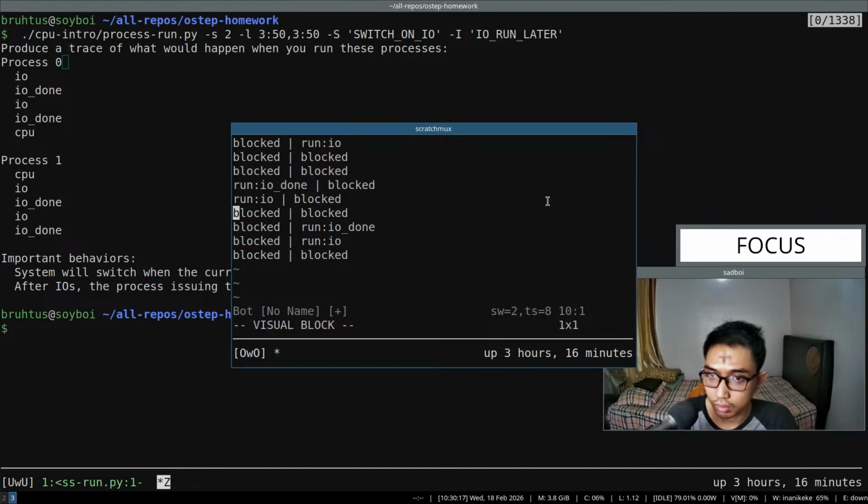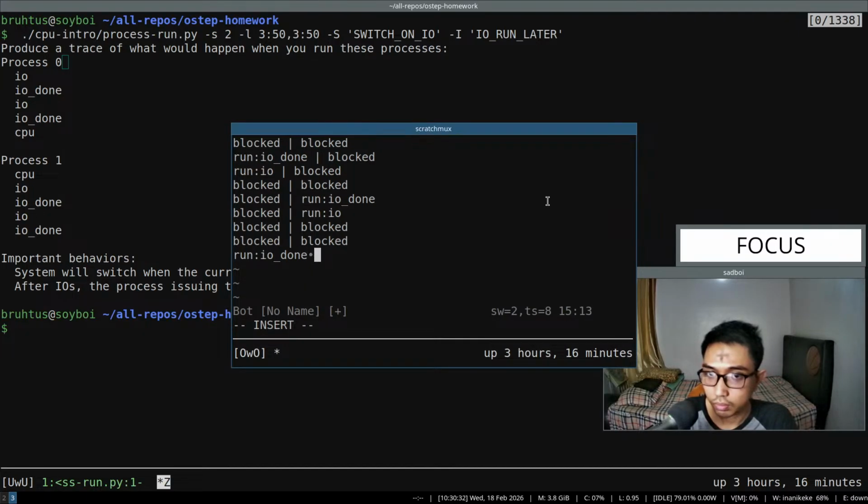Block. This one is 4. I need another one. Okay. Becomes 5. Run IO done. Block again.